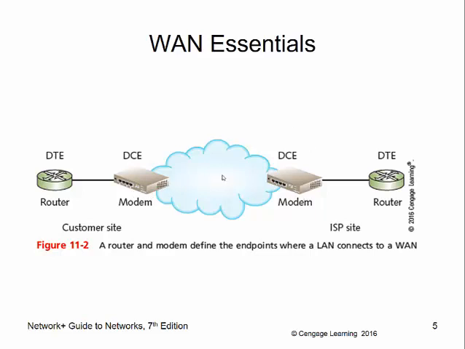The cable modem is connecting to the cloud. And the DTE, which is a router, firewall, whatever, owned by the organization, connects directly to the DCE. See what's going on here? Public network, ISP land, private network, local area network, local area network.